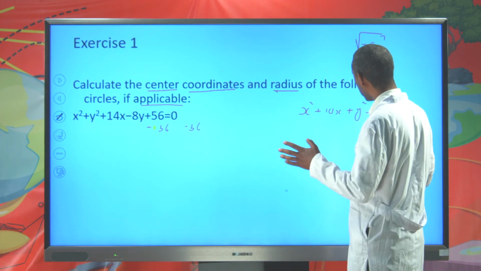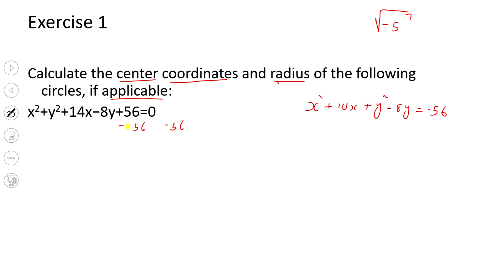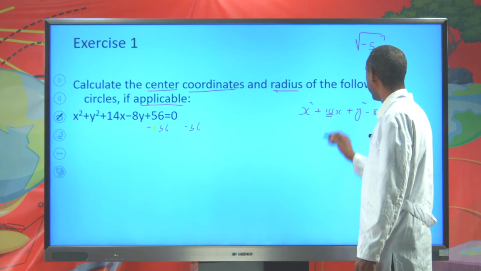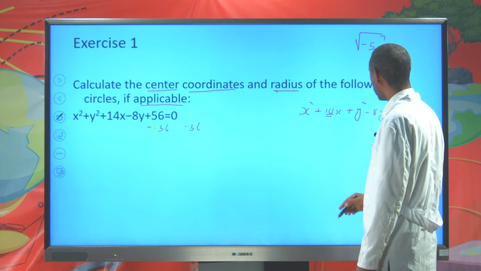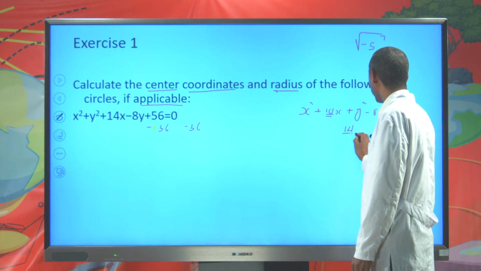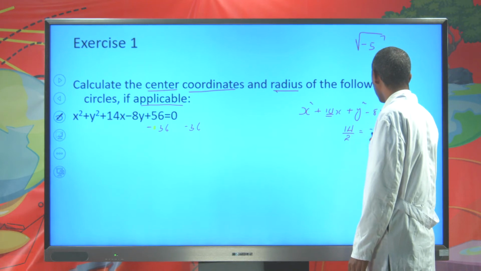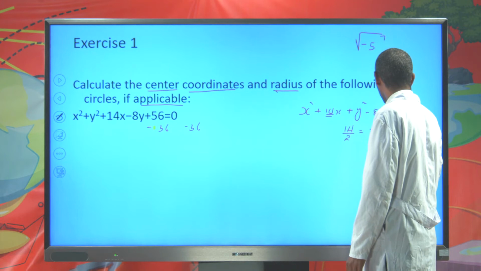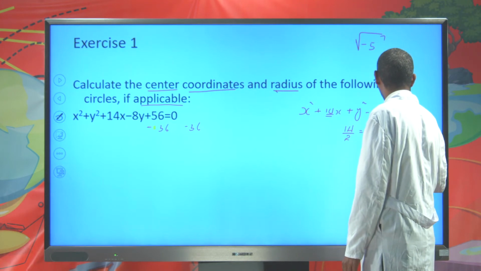So my new equation is x² + 14x + y² - 8y = -56. The purpose of doing this is to complete the square and find the coordinates of the center. If you observe, the coefficient of x is 14. When we use the completing the square method, we divide 14 by 2, which is 7, then square it, 7 squared, which is 49.